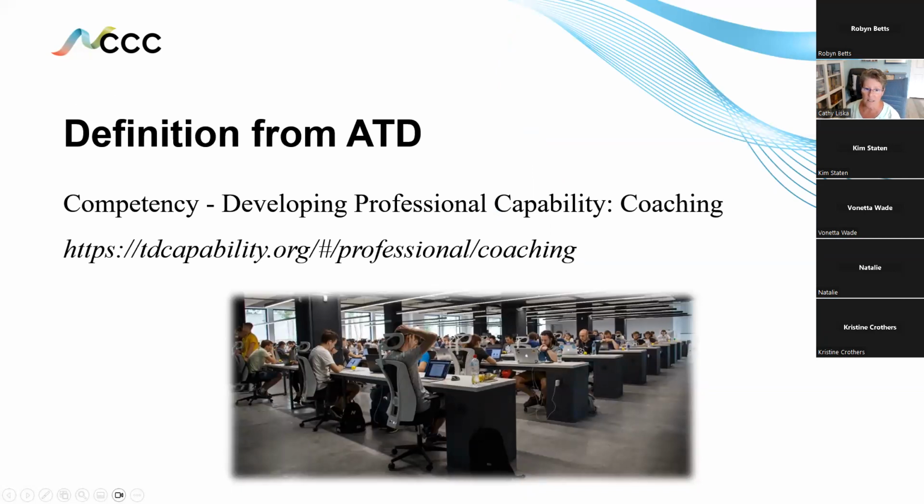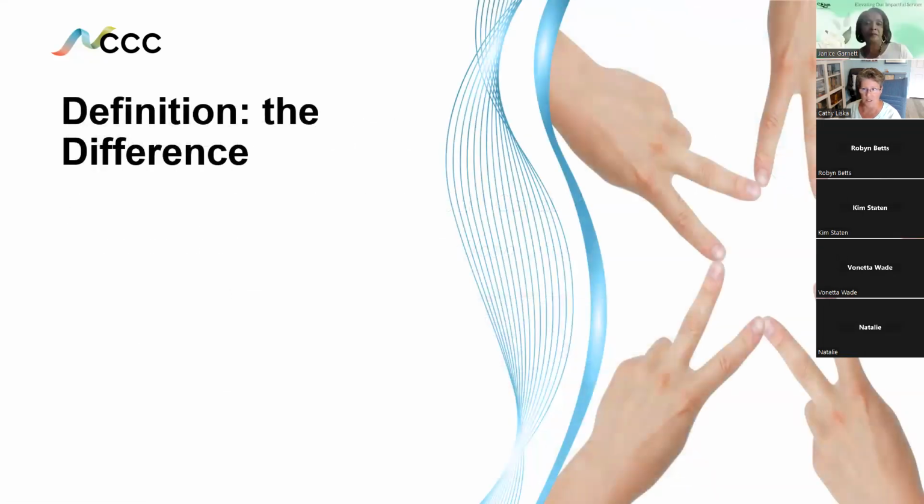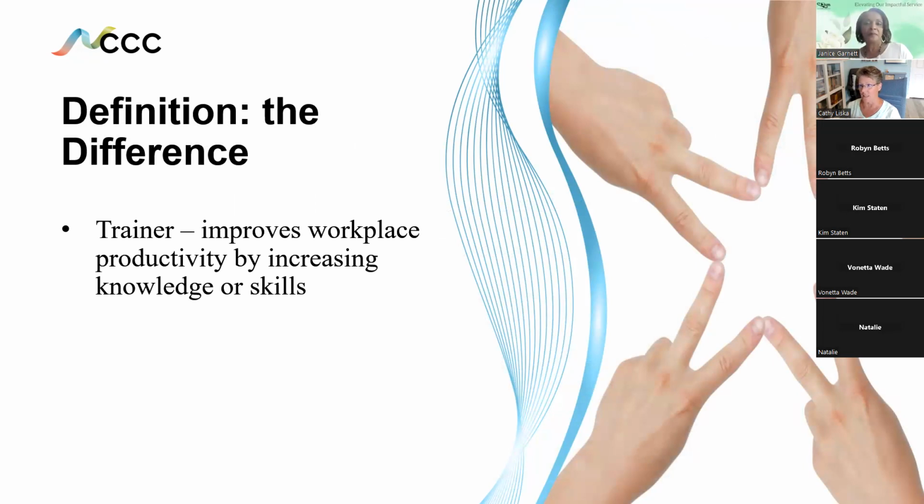So it is encompassed in what they're doing and what they're saying. ATD has a huge focus on coaching. So let's differentiate these two. Very specifically, the trainer is there to improve workplace productivity by increasing knowledge or skills.